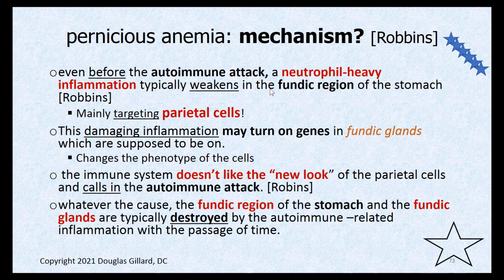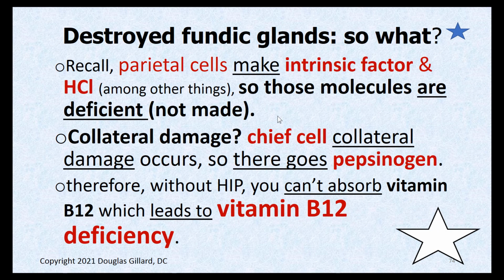Then all of a sudden your body's immune system doesn't recognize them anymore, and it attacks. It thinks they're foreign. So that's one of the possible causes. This whole autoimmune attack might be predated by a neutrophil-heavy inflammation, according to the latest research.